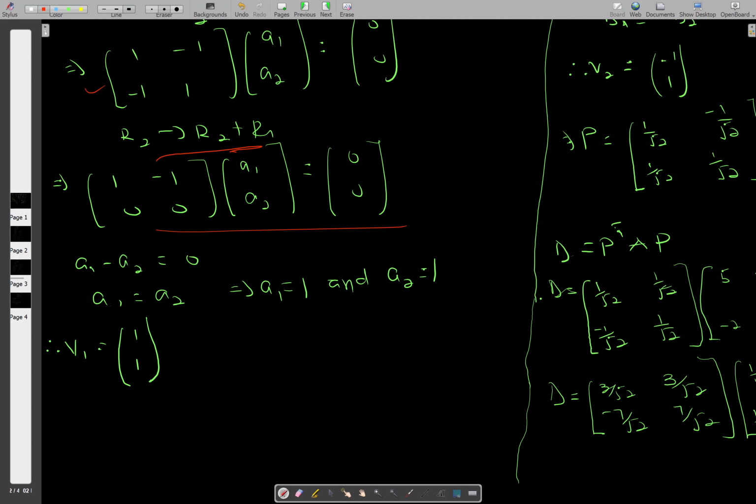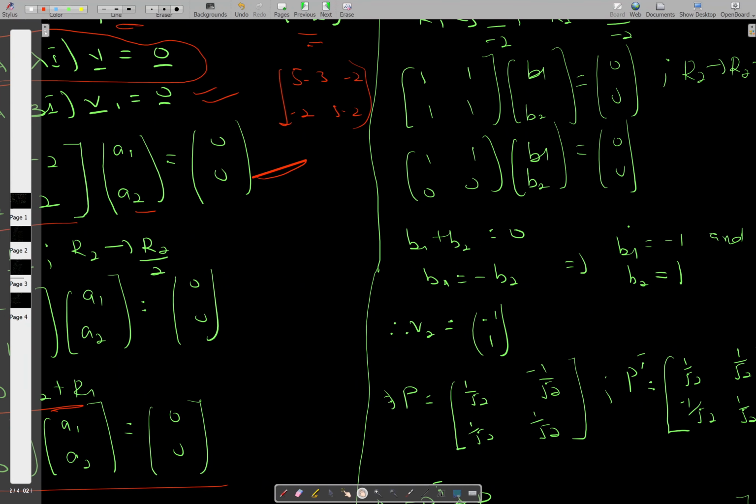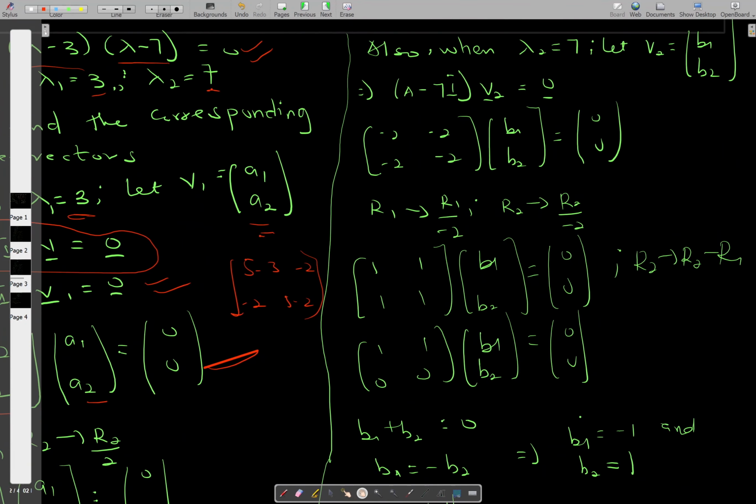So you have a1 minus a2 equals 0. This means that a1 equals a2, and when you choose a2 to be a free variable, you set a2 to be 1, and when a2 is equal to 1, it means that a1 is also equal to 1, to obtain vector v1 to be (1, 1). That's the eigenvector of the eigenvalue positive 3.